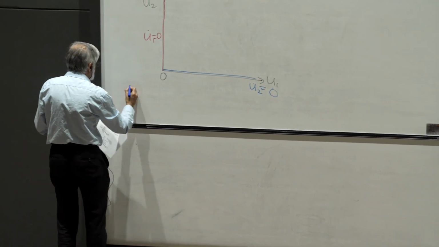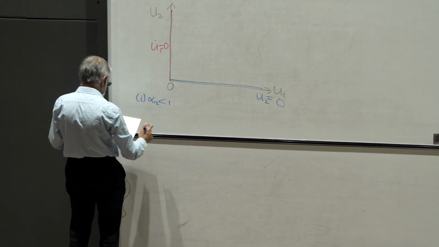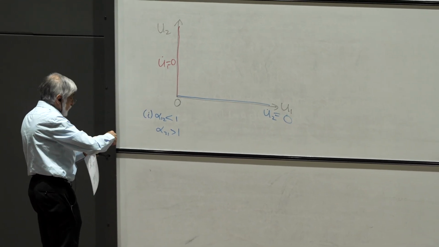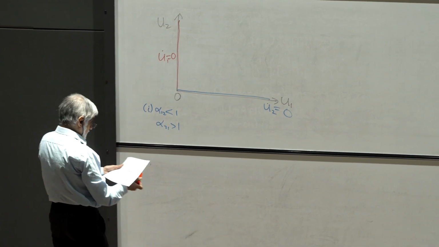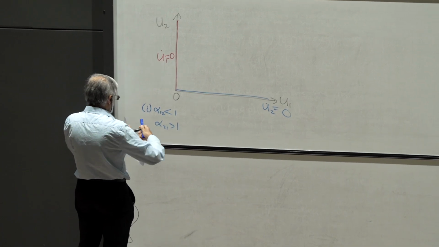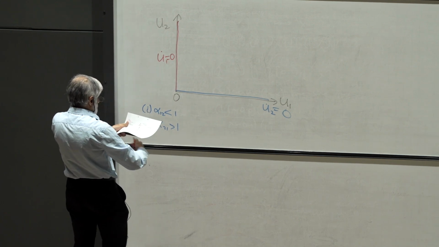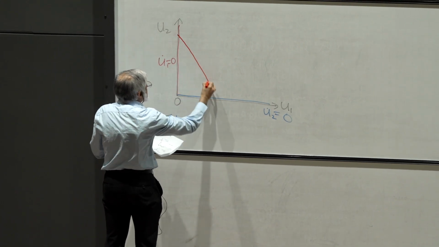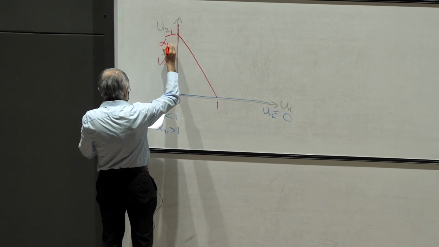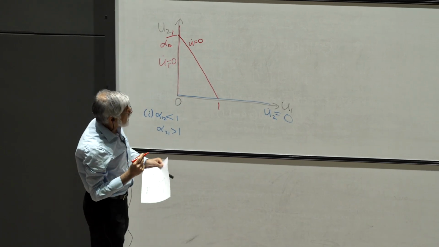So here's case 1: alpha 1,2 is less than 1, alpha 2,1 bigger than 1. What do the trajectories look like? That should be U1 dot equals 0. Let's just check.